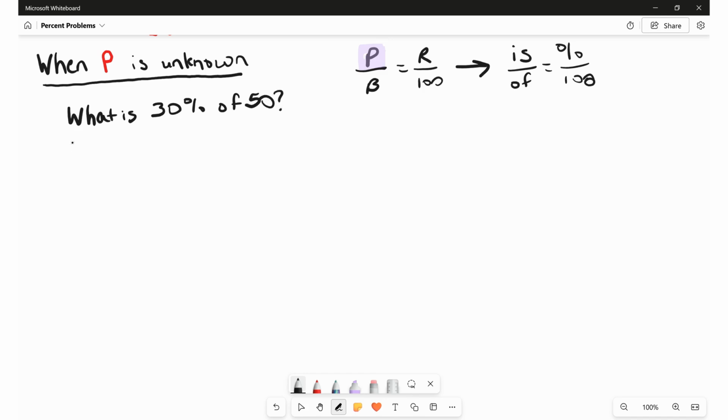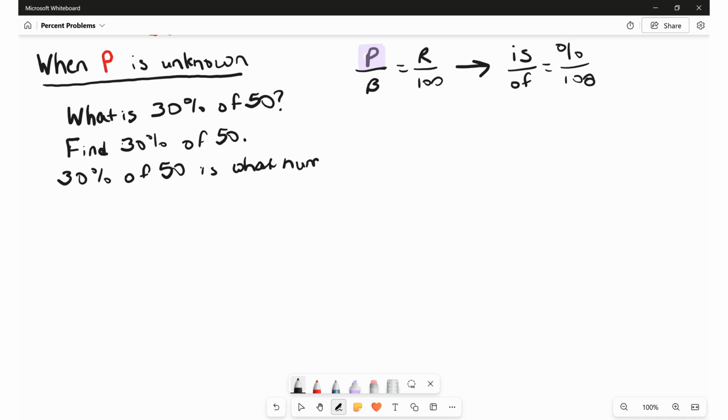Or we could say, find 30% of 50. Or we could say 30% of 50 is what number? And all three of these things are saying the exact same thing.